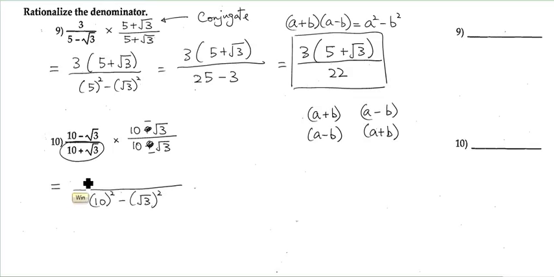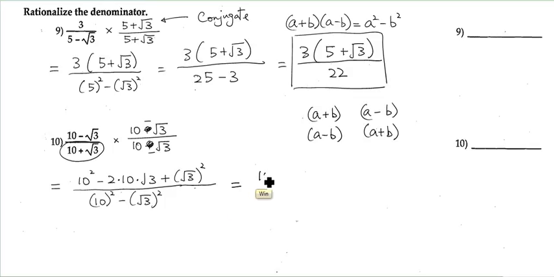So we know this would become a squared, that is 10 squared, minus 2 times 10 times radical 3 plus radical 3 squared. Well, the numerator is a little bit long, so I need to extend this a little bit. Otherwise, the radical 3 will start crying, right?